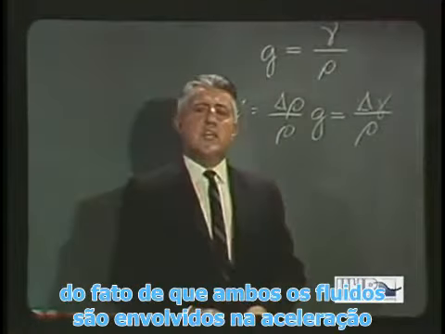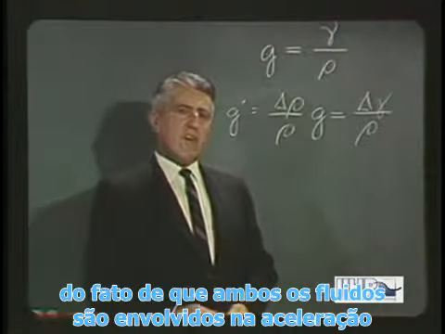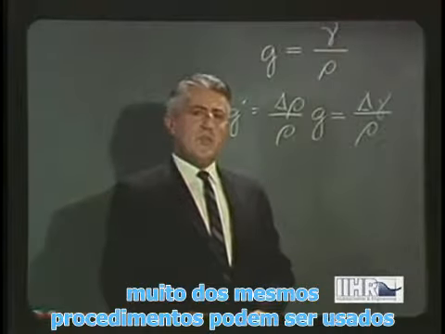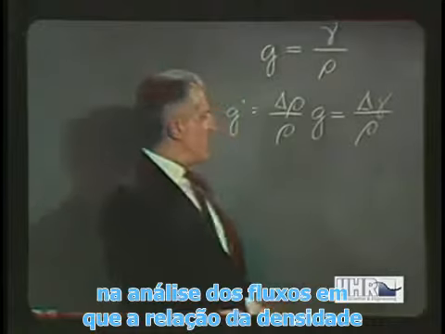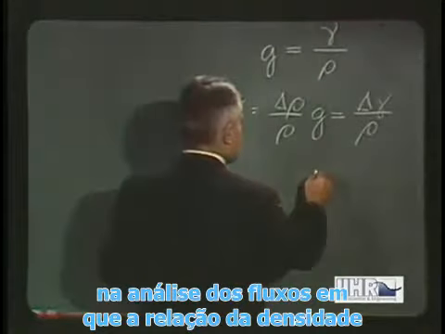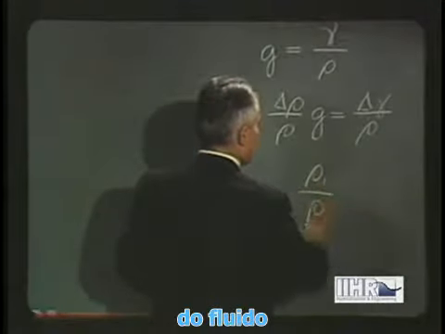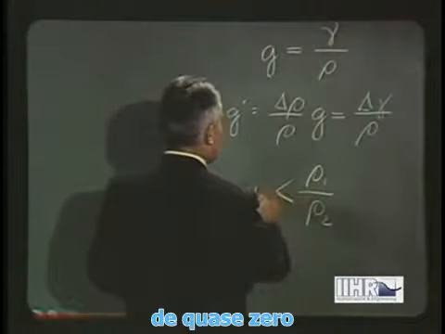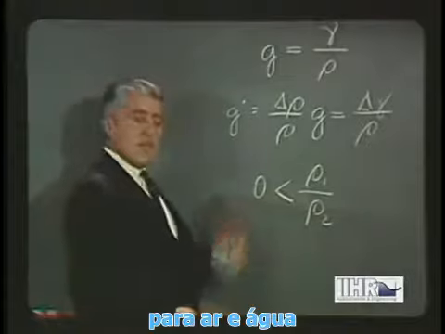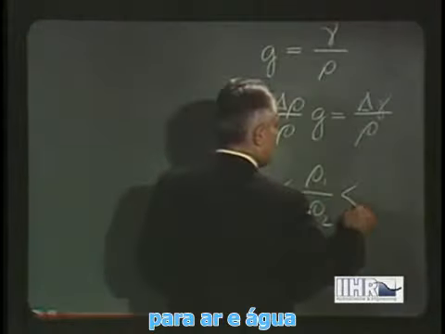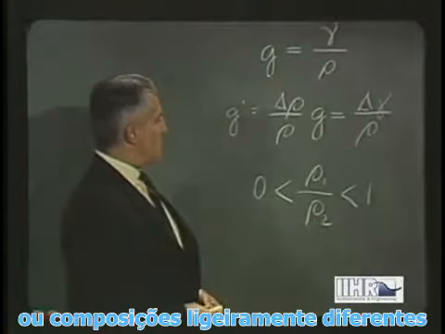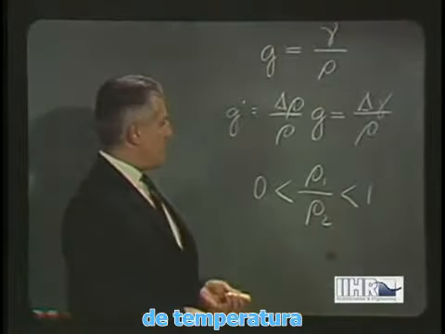Now, if due account is taken of the fact that both fluids are involved in the acceleration, much the same procedure can be used in the analysis of flows in which the ratio of fluid densities, rho 1 over rho 2, varies between the limits of nearly 0 for air and water, and nearly unity for similar fluids of almost the same composition or temperature.